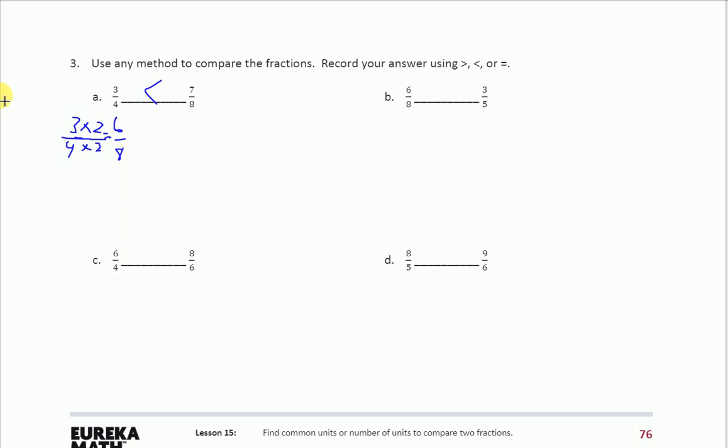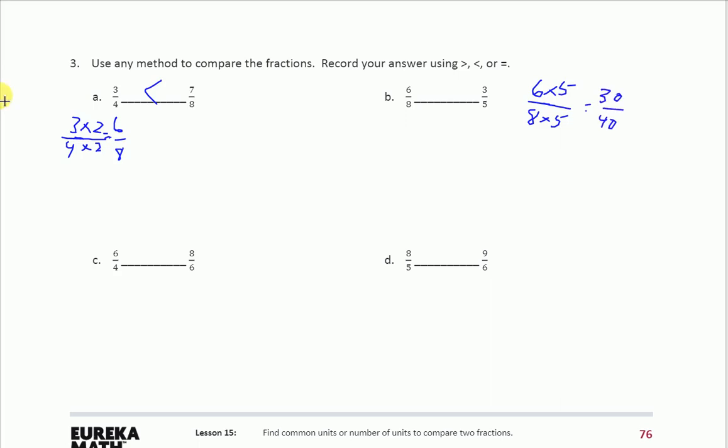And then for this one, let's see, what can I do here? Let's change them all to 40ths. So I'll go 6/8 times 5. So that's going to equal 30/40ths.